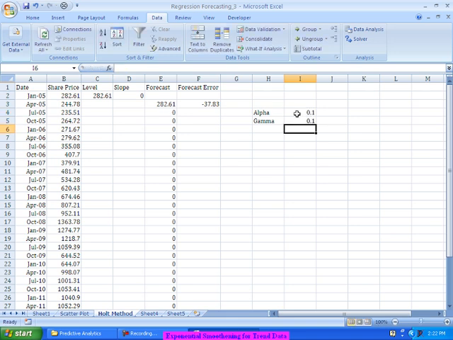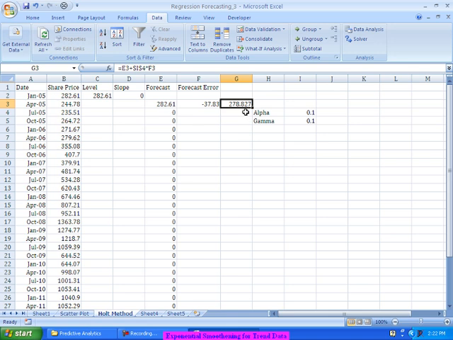My new forecast has to be upgraded based on the forecast error. So I'll take this number plus alpha times the forecast error, which results in 278.827.